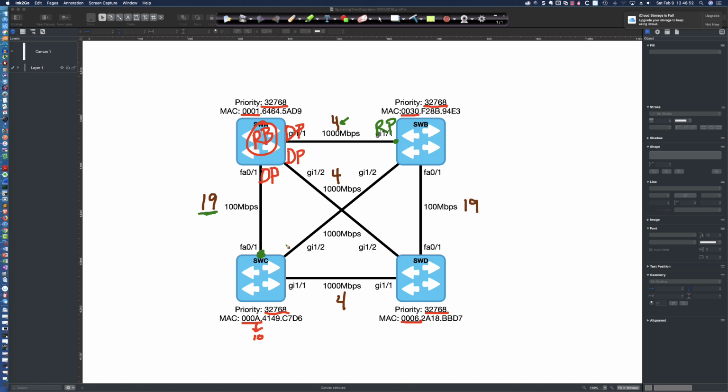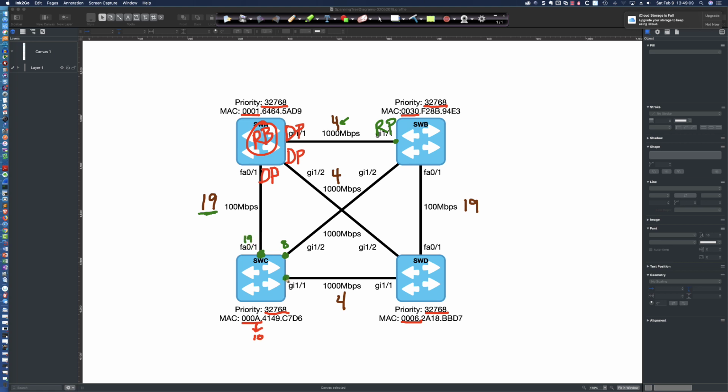So let's take a look at the other options. We could go out that port right there, up to switch B for a cost of 4, and then this way for a cost of 4. So that cost would have been 8. And going that way, it would be 19.